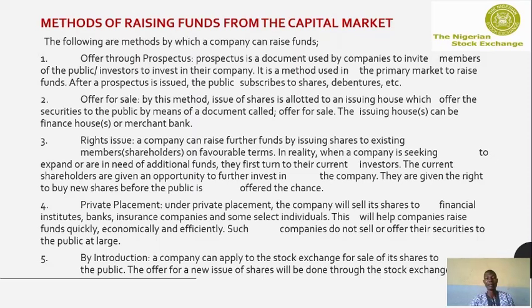If I buy additional 10,000 units, I was having 5,000, and now I want to increase my shares. I'm getting 10,000 units. Now, if I add the 10,000 units to the 5,000 I already have with them, it means I now have 15,000 units. And in future, if dividend is paid, more money will be coming to me.